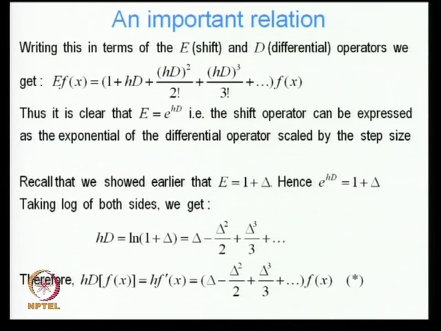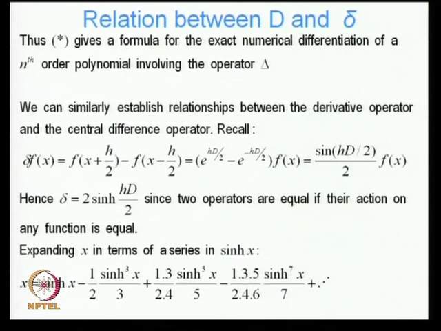So, f of x plus h by 2, I can think of as a shift operator with step size h by 2, and I know that my shift operator with step size h is related to the differential operator by e to the power h D. So, my shift operator with step size h by 2 is related to the differential operator by e to the power h by 2 D.